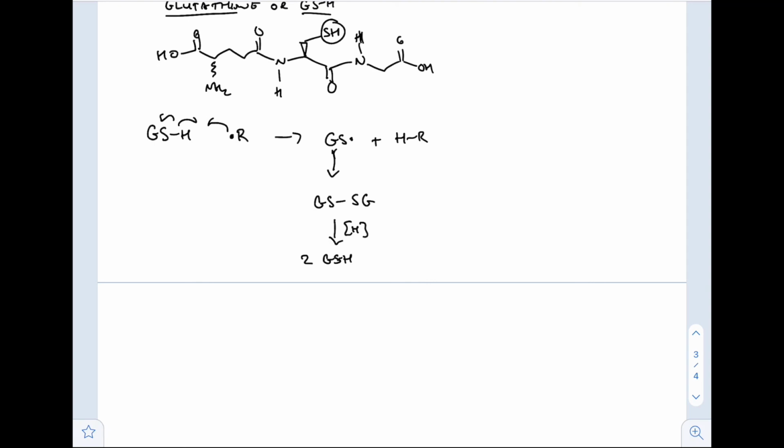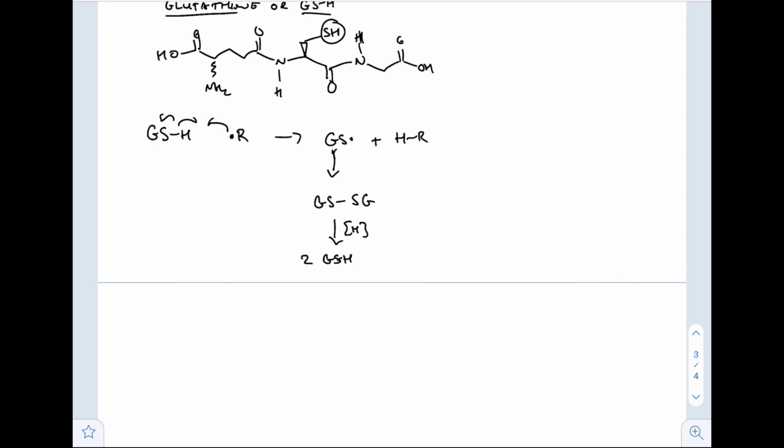This temporary depletion of glutathione allows those radicals to wreak havoc and cause a substantial amount of liver damage if you don't take proper action. This could obviously lead to death as well. So that's how bad this radical reaction can be.